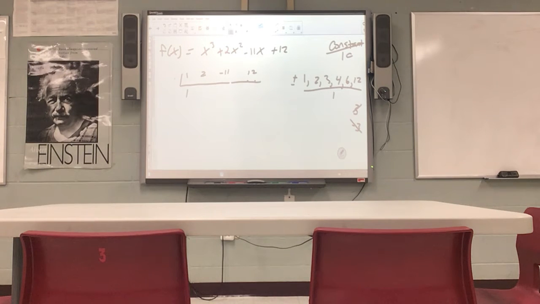Or you wanna go 1? 1 times 1 is 1, I add and get 3. 3 times 1 is 3, I add and get -8. -8 times 1 is -8, I add and get 4, so we can mark 1 off of the list. That's the closest.